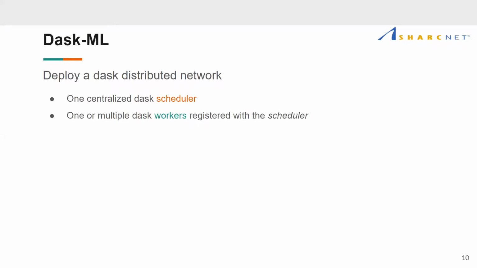To deploy such a Dask network, you need to launch one Dask scheduler process on one node first, then launch several Dask worker processes, possibly on different nodes. The Dask scheduler and the Dask worker are Python executables included in the DaskML package.